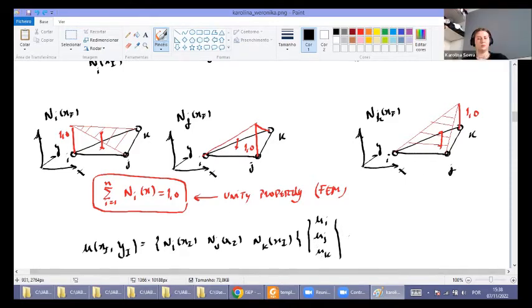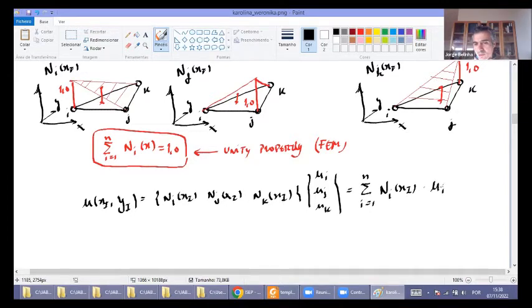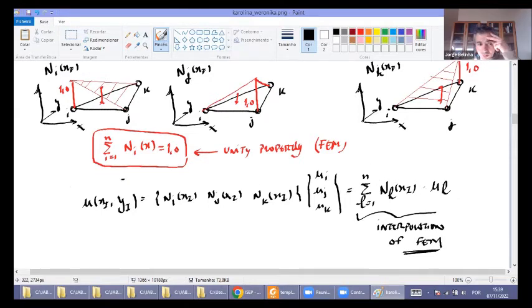And in the end, you have an interpolation. It's the same thing as writing the sum over all of these multiplied by each one of these u's. Let's put another letter here, for example L, to not confuse it with the E. You understand this? And this is the interpolation of FEM. Every finite element method uses this interpolation that you are seeing here.